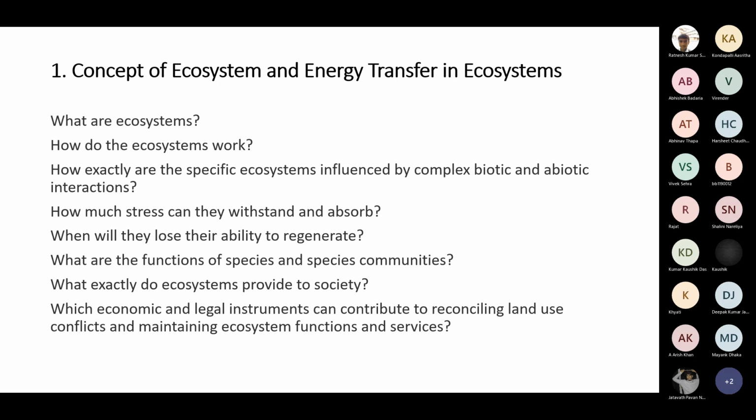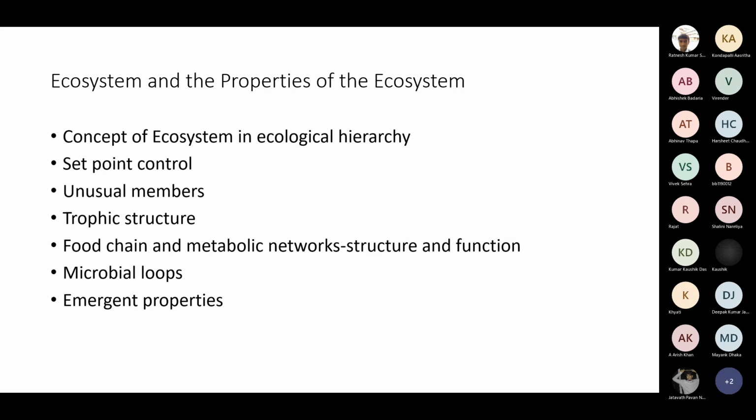Okay, so there are many things which people talk about when you look at the technicality of a term like ecosystem. So let's define first, and then we will try to see. So the way I'm going to explain ecosystem to you is, we will look at what an ecosystem is in the ecological hierarchy, because ecosystem is a word which is coined within the domain of the subject of ecology.